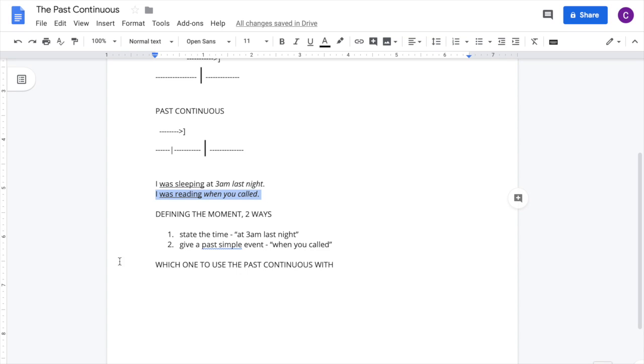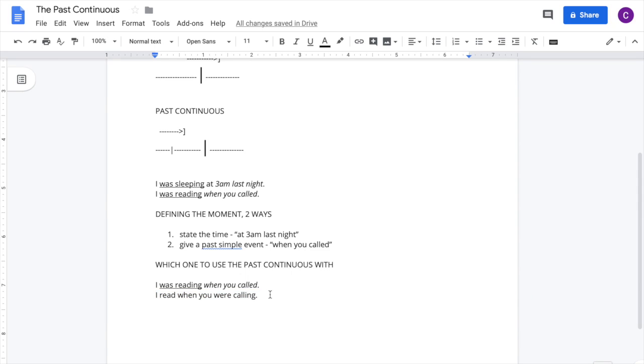Let's use this example again. So the question that we're going to ask here is why shouldn't we say this? Why is it correct to say this one and not correct to say this one?